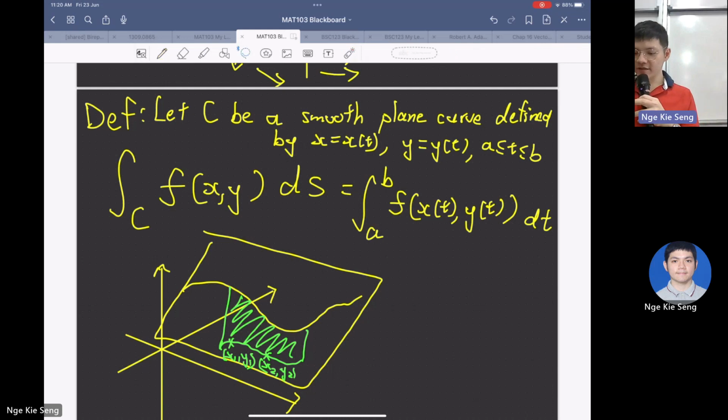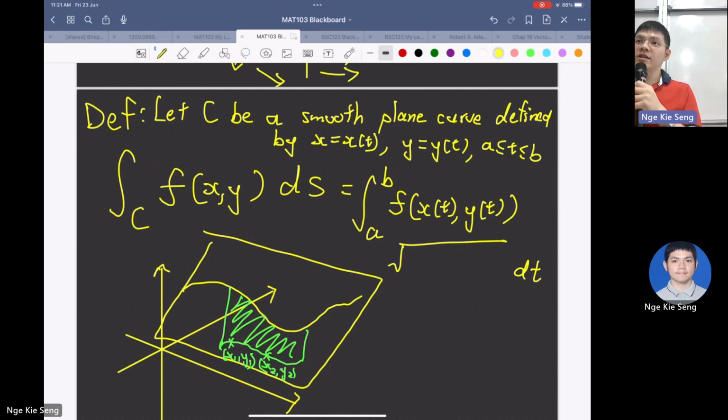Is this equation correct? No. Why? You need to take into account how this curve changes.